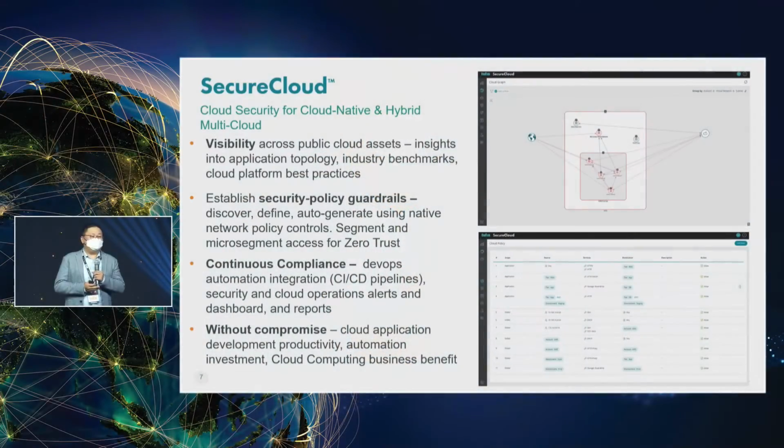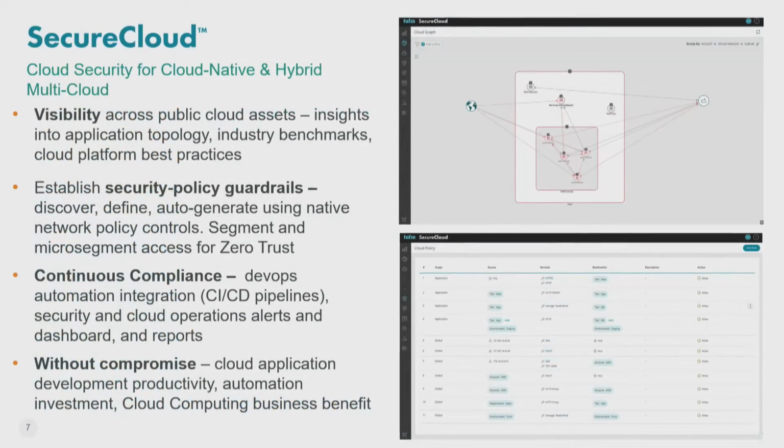For the cloud environment, we have Secure Cloud. Secure Cloud gives us visibility and understanding of how all our different applications or services in the cloud are connected together, and also how the security policies, the network security groups or security group policies, are defined. What is also nice here is that with Secure Cloud, we allow the security admin or the DevOps to define their security policy guidelines.